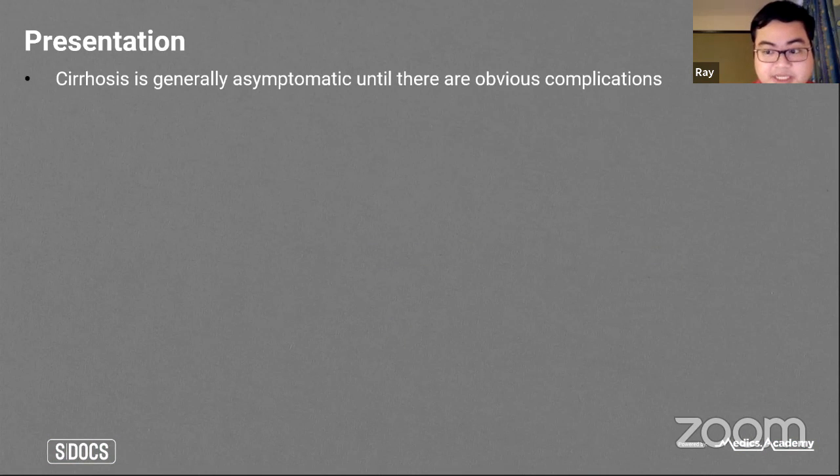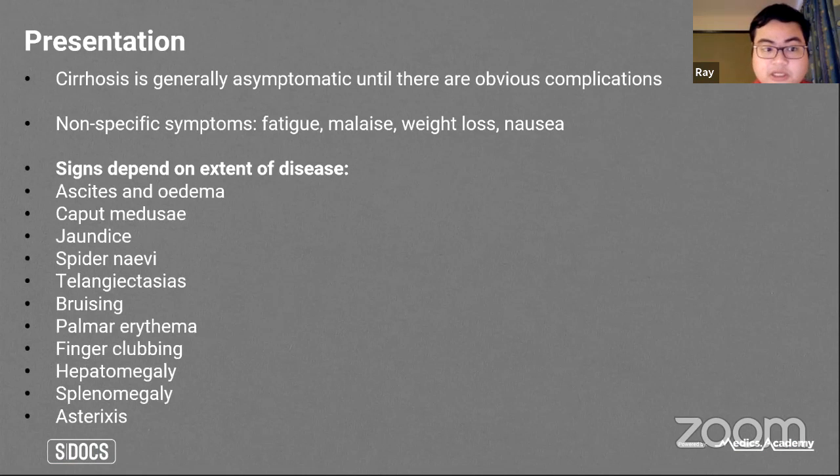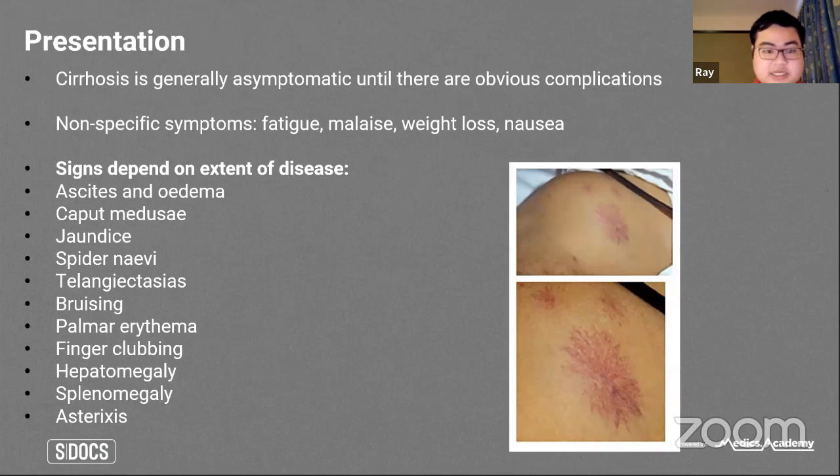In terms of presentation, cirrhosis is generally asymptomatic, just like fatty liver disease, which I covered. But you can have non-specific symptoms such as fatigue, malaise, weight loss, and some nausea as well. In terms of other presentations, the signs depend on the extent of the disease. You can have ascites or edema, so swelling and distortion of the abdomen because of fluid, and edema because of fluid overload, and caput medusae as well.